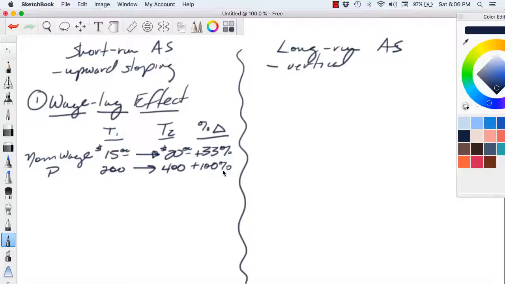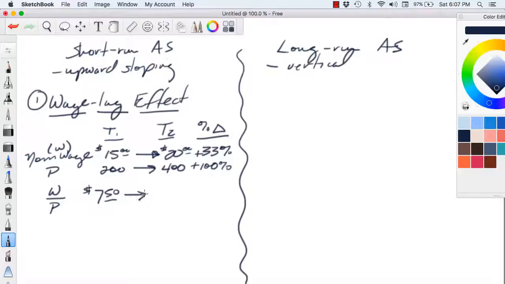Now, if we adjust this data, I'm going to abbreviate the nominal wage with a W. If we adjust the nominal wage for inflation, we do that by getting the real wage, W divided by P. If we divide 15 by 2, we get 7.50. So $7.50 in base year dollars, or in real terms, is the equivalent of $15 in current dollars if prices have doubled.